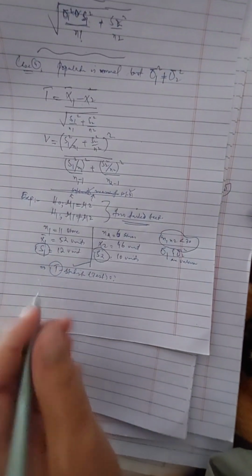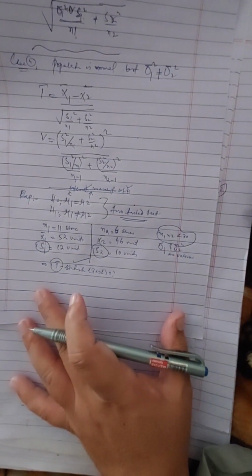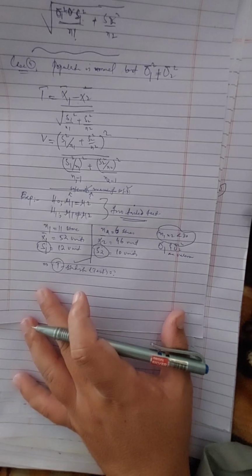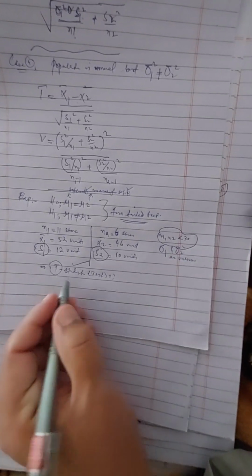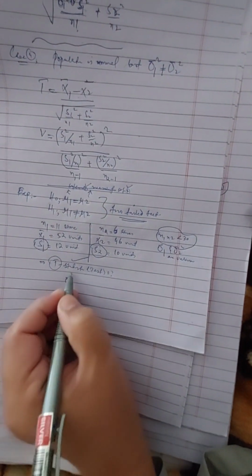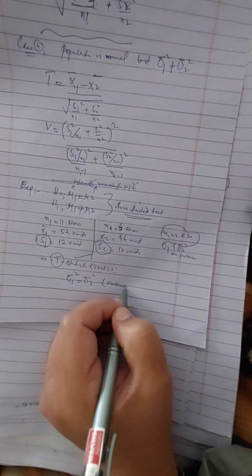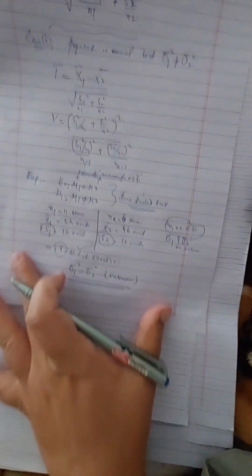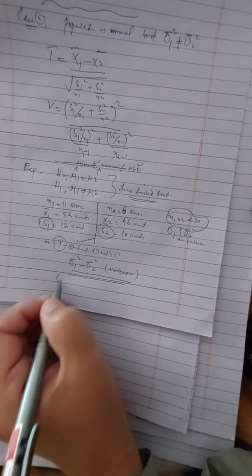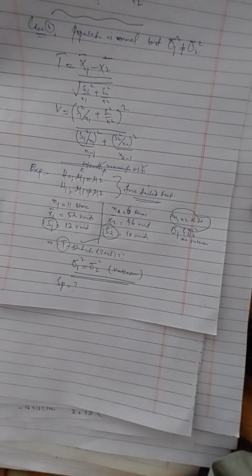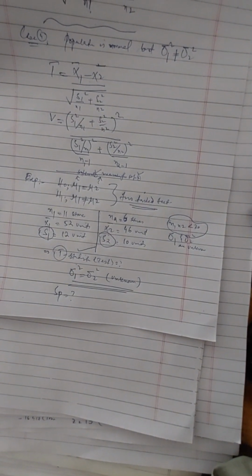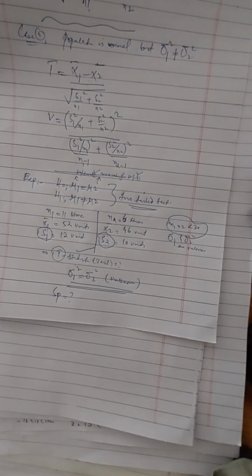Now it says that the populations are independent with equal variances. It means that sigma 1 squared is equal to sigma 2 squared but unknown. So in this condition, we go for the pooled standard deviation.